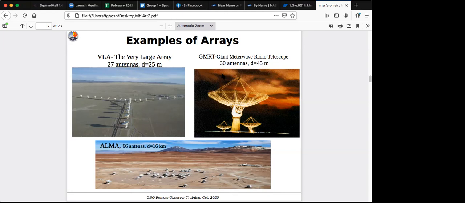Then this is a synthesis telescope in India. It works only at lower frequencies, only up to L band. It's also a very nice instrument, open to everybody. Then this is a millimeter interferometer in Chile, in the high dry Atacama Plateau, the Atacama Large Millimeter Array.